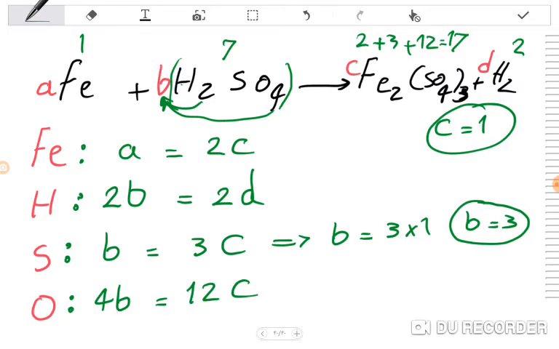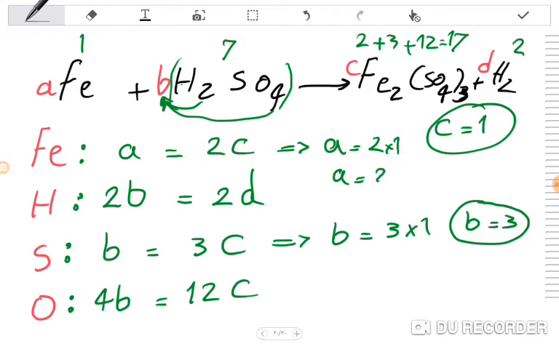And from here, B is 3. We have 12C. We can again conclude that B is equal to 3. No problem. For A, we have A equal to 2C, which is 2 times 1.